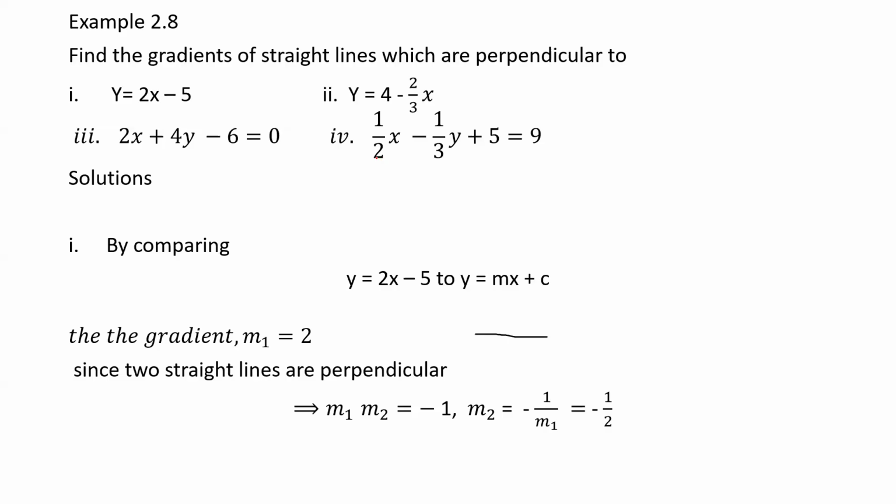Good. So let's find the gradient of a line which is perpendicular to it. It becomes negative 2 on 3.